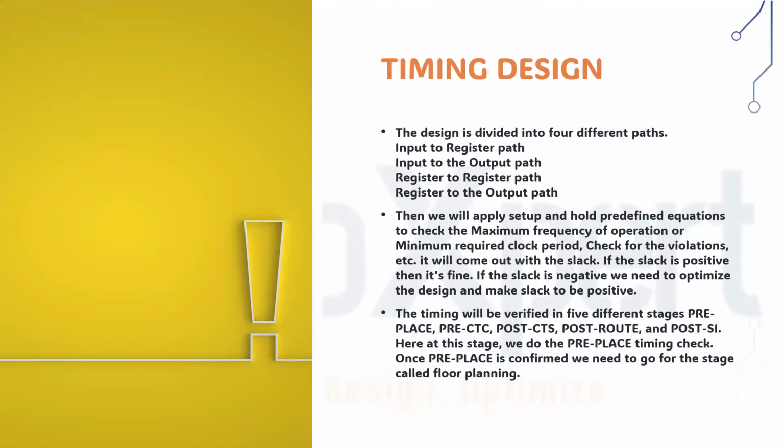What is the formula for frequency in terms of time period? Frequency equals 1 by the time period, the reciprocal, right? When we say 1 second, how much is the frequency? 1 hertz, right?